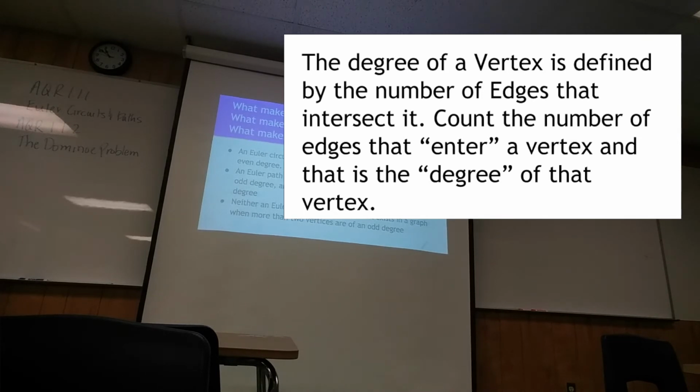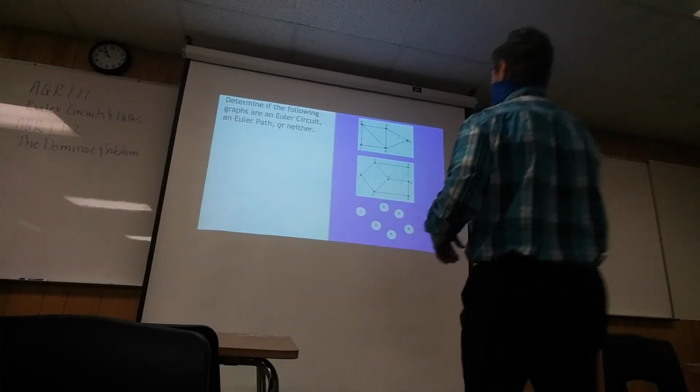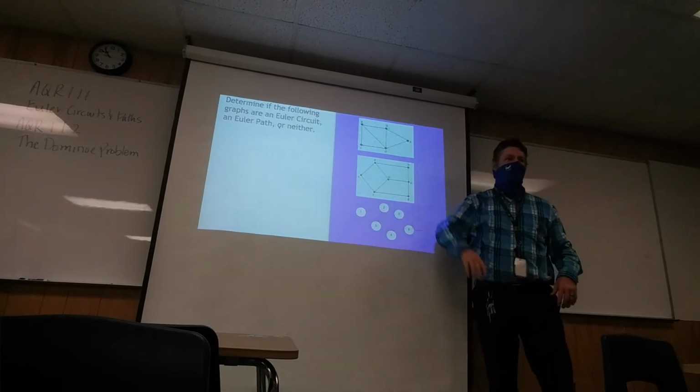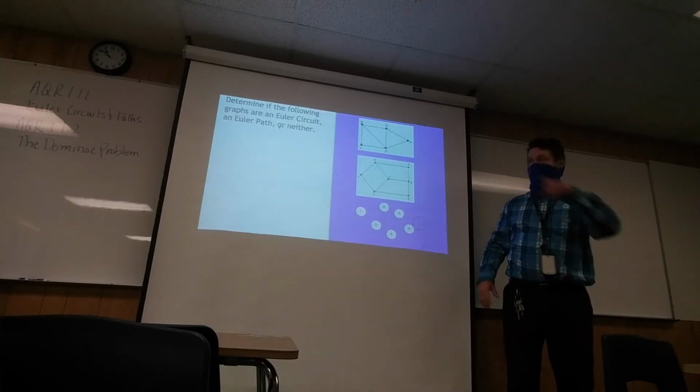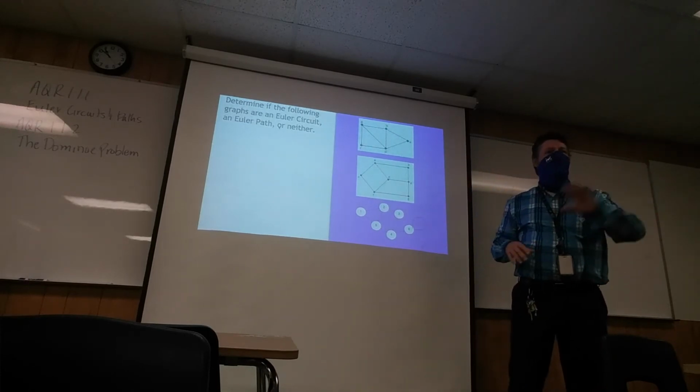So here, I want you to look at that for a second. Let's go back and look carefully. Alright, let's look at this real quick. By this definition, the degree of a vertex, first of all, somebody tell me what is a vertex? On this graph, what's a vertex? The vertices are the letters, the dots. Because down here they're numbers, right? So whatever the label is for that dot.